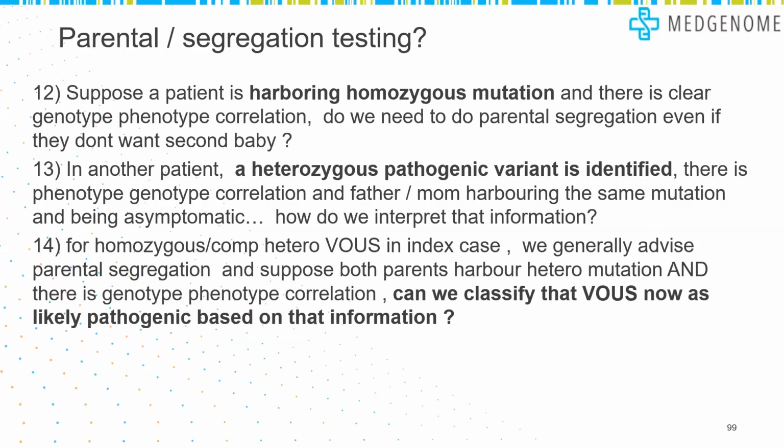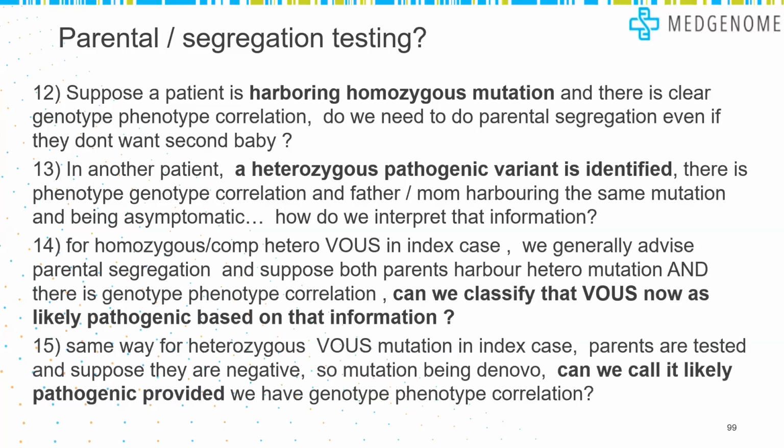Yes, just like I explained with the TOR1A variant, if it is a very good variant based on the predictions, the minor allele frequency, and the literature evidence, this variant would be classified as likely pathogenic. Again, after the segregation studies, we may have to go back to ACMG, choose the segregation criterion, and then it can be reclassified as likely pathogenic.